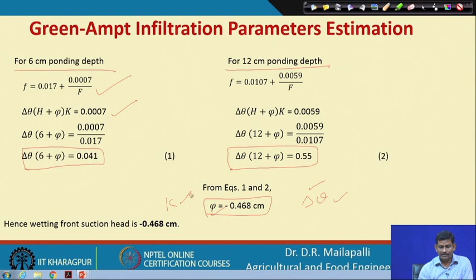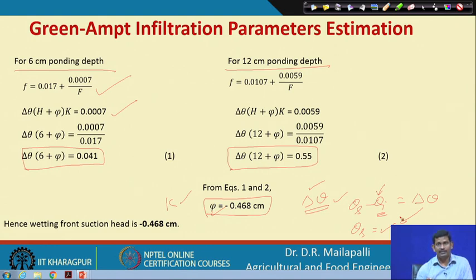The k value you have already known, and delta theta, if you know the theta i value, like the initial moisture content. When you start the experiment, take the soil sample and analyze it, so that you get theta i. Then you can easily find out theta s using this value. So, this is the advantage with ring infiltrometer data.